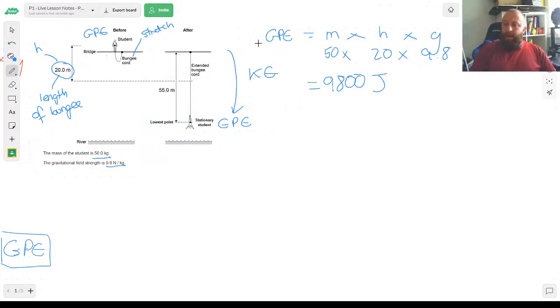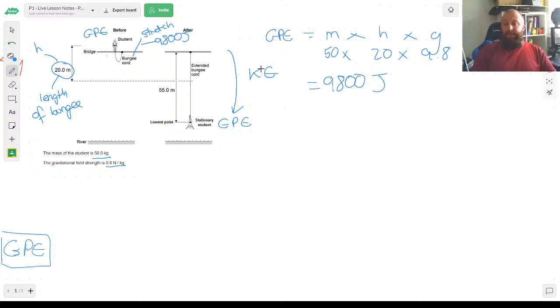So our maximum gravitational potential energy here is 9,800. We know our little man up here has 9,800 joules of energy. That's going to be converted into kinetic energy.